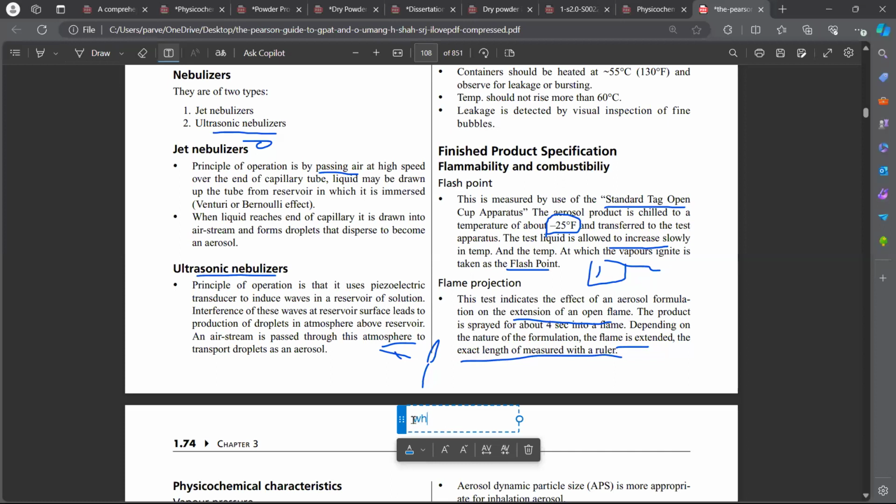Which of the following is used for particle size determination?